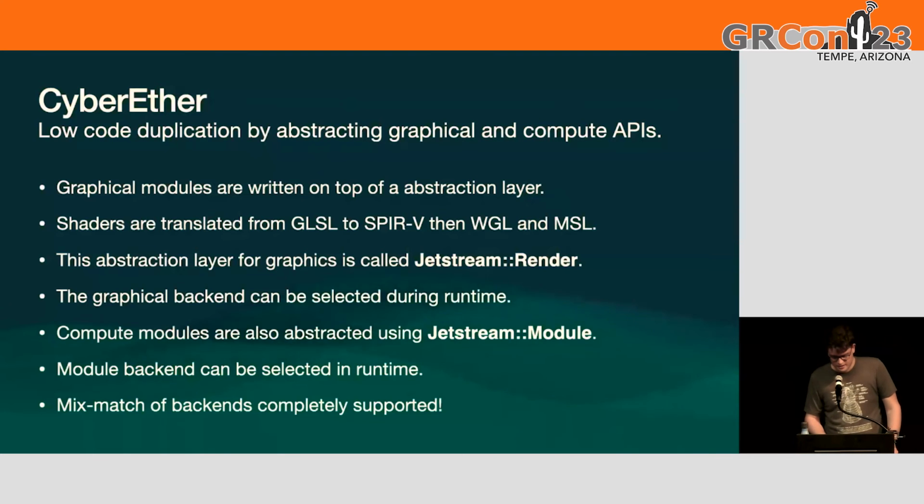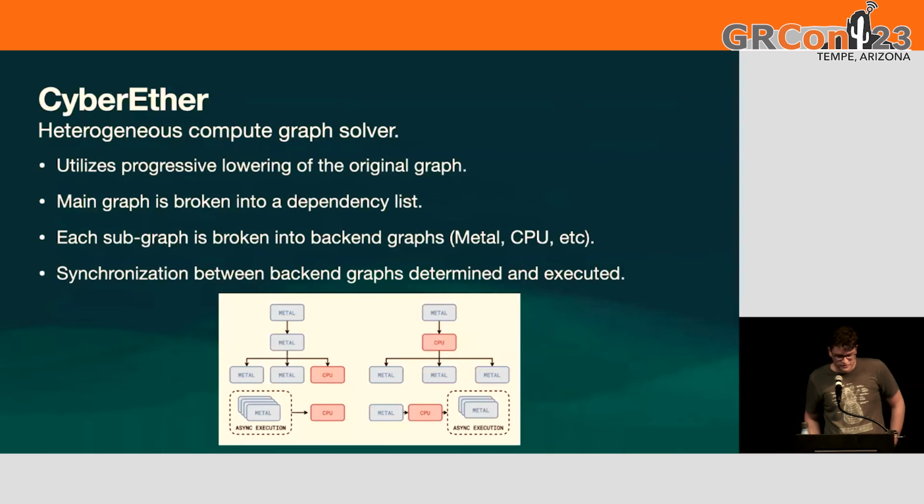The internal graph solver will take all the dependencies between the modules, dependencies being the buffers, and identify if that buffer goes to another domain. Because if you're doing a Metal graph or Vulkan graph, you have a bunch of kernels being instantiated asynchronously, and you don't need to provide implicit synchronization between them.